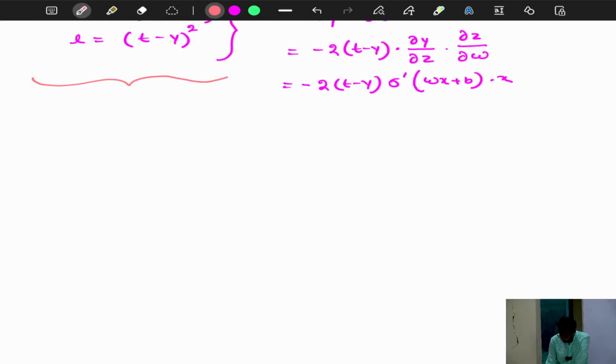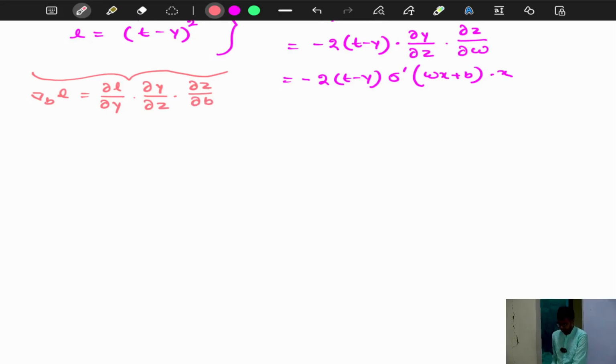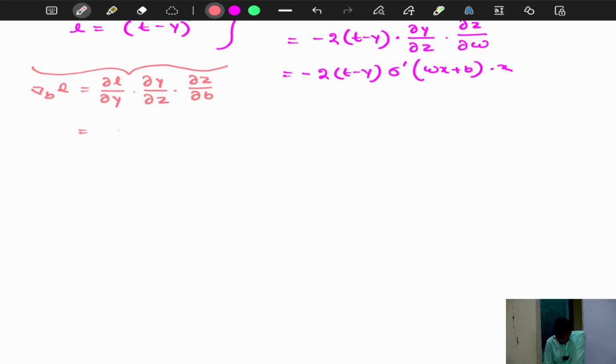So, gradient, this is equal to del L del y, del y del z, del z del b, right. Now, del L del y is minus 2 t minus y, the second one is sigma prime of wx plus b, times del z by del b, which is 1.